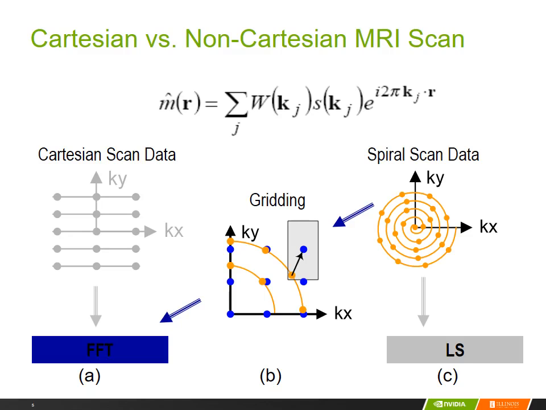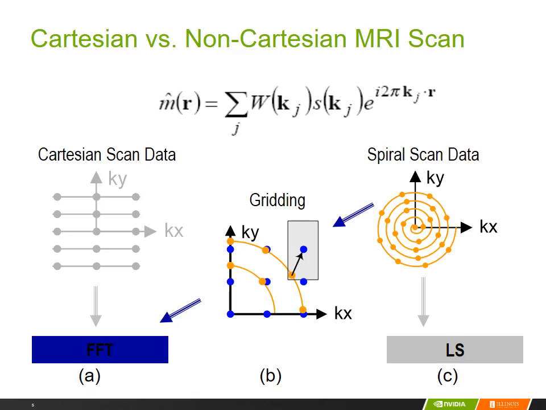We see that the spiral scan is illustrated as orange dots in the middle of the slide. And then all the Cartesian data samples that we would like to generate are illustrated as blue dots.